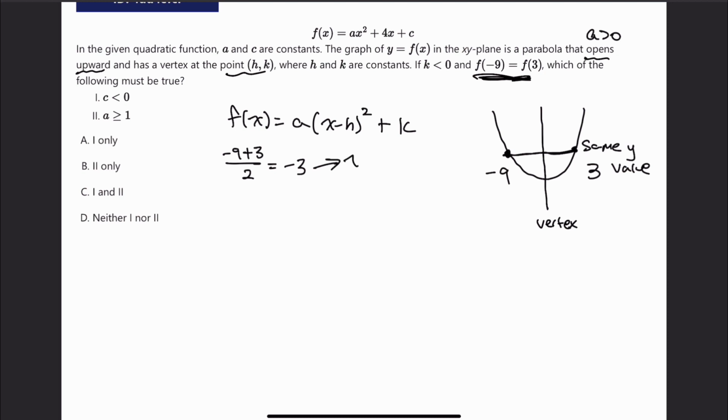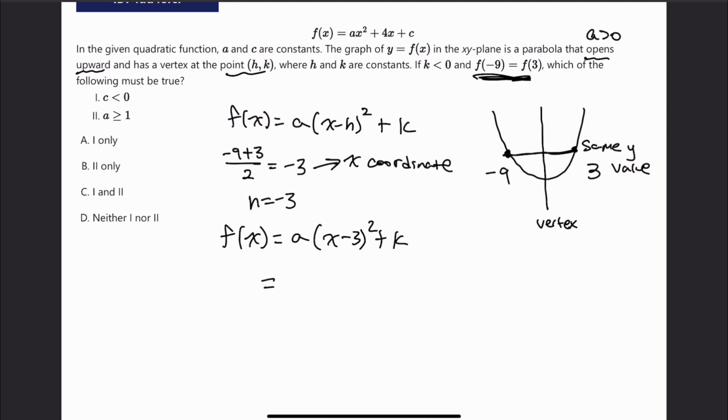This is the x coordinate. So that is the same thing as h. So h is equal to negative 3. So our f(x) equation could be rewritten by something like this.